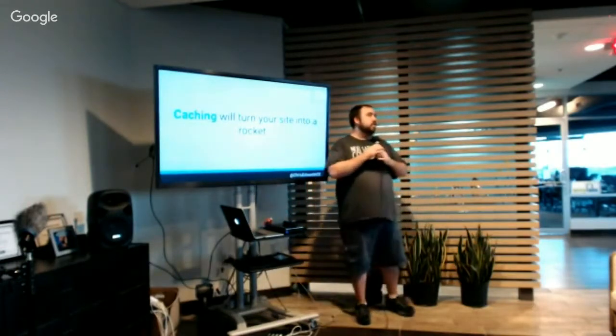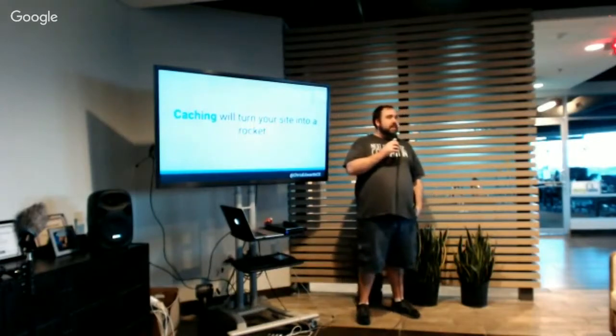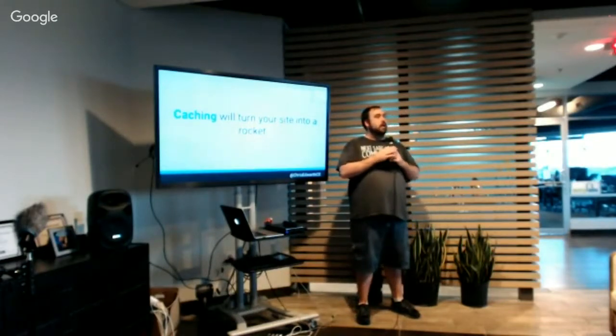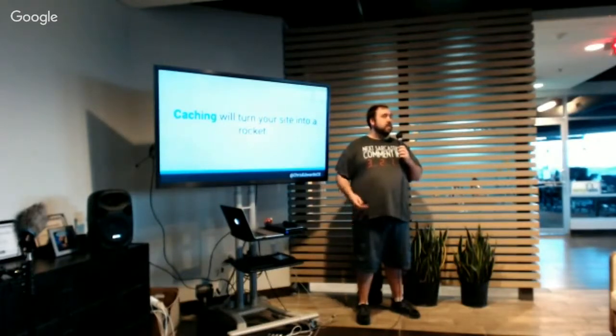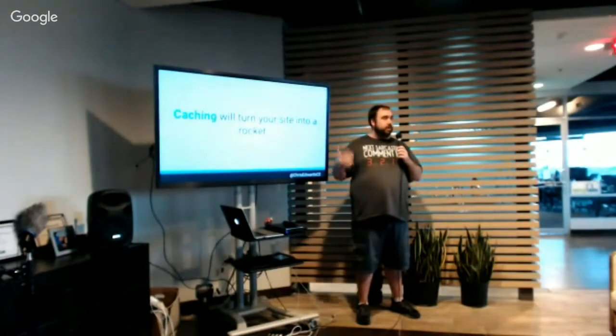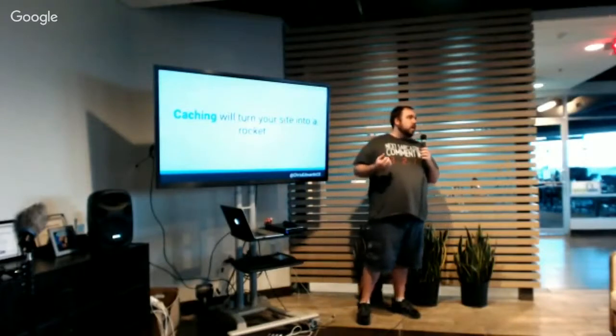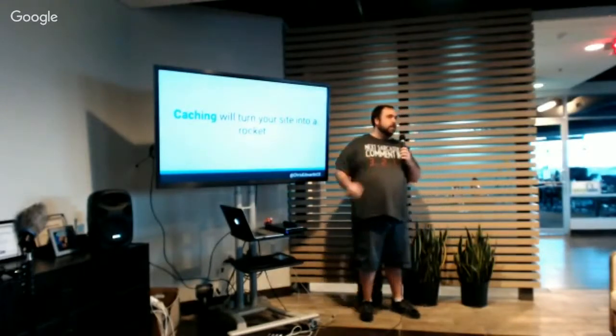Caching. Caching is really important when it comes to these WordPress sites. While you can do caching with different plugins, one of my favorite caching plugins is WP Rocket, but a lot of hosts have caching built in. SiteGround has one, WP Engine has a special caching layer, Flywheel too.